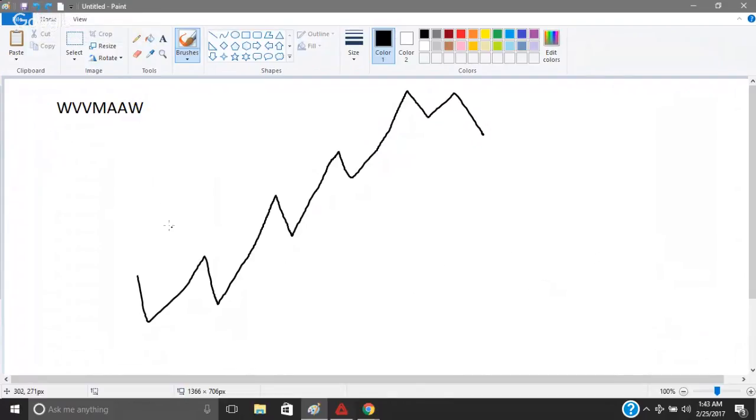If you know that the trend is up, which direction are you going to trade? Up. You know the trend is going down, you're going to trade down. What if they're going back and forth?